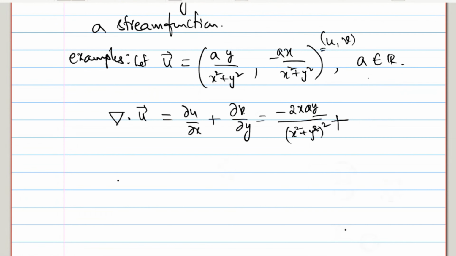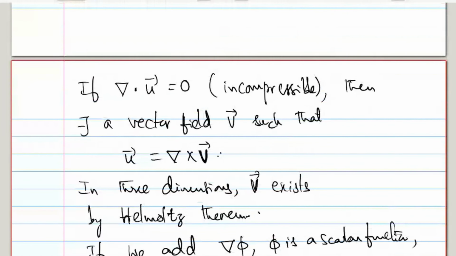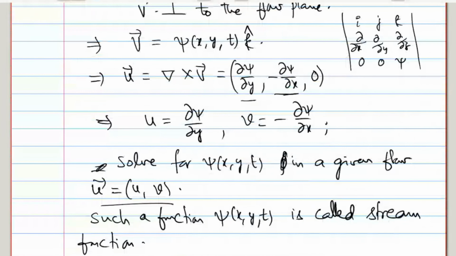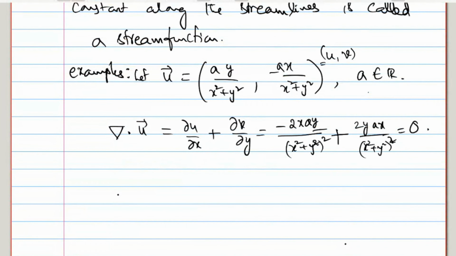So you get 0. So first you have to make sure the given flow is incompressible. For two-dimensional incompressible flow, you can find a stream function.